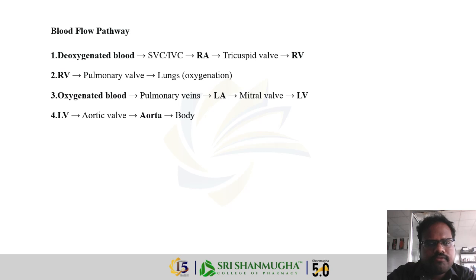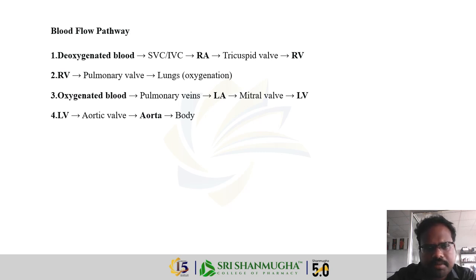Then the blood flow path. So how does the blood flow? Deoxygenated blood goes into the superior vena cava and inferior vena cava, which directly flow the blood into the right atrium. From the right atrium, it goes through the tricuspid valve to the right ventricle. Then from the right ventricle, it goes to the pulmonary valve. From the pulmonary valve, it goes to the lungs, where it gets oxygenated.